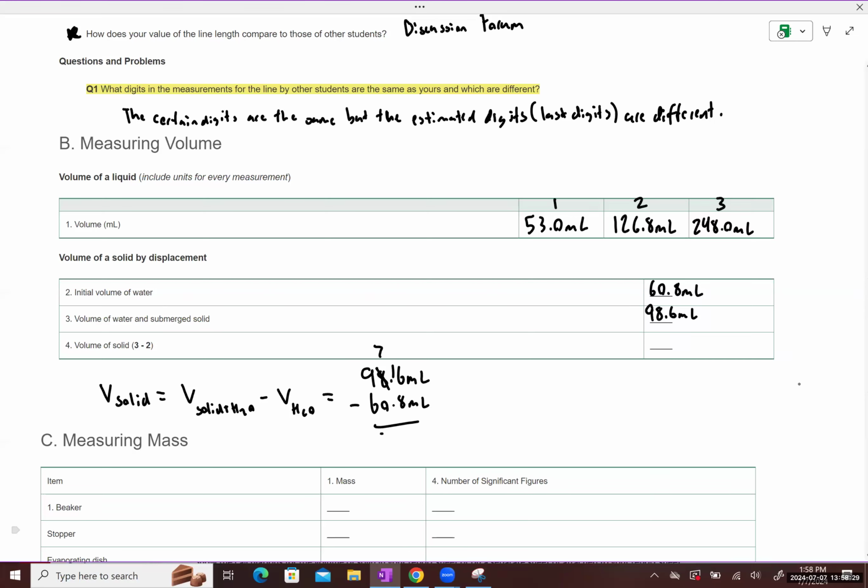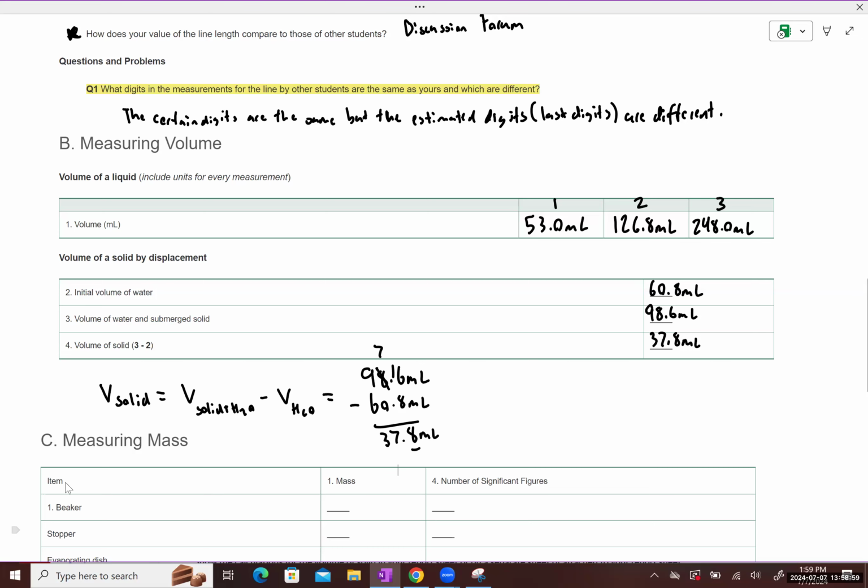And that in turn gives us 37.8 milliliters. Now, importantly, because we did a subtraction operation, we have to retain the same number of decimal places. 1 decimal place in each of our starting values, 1 decimal place in our reported value. Perfect. So we've completed the volume of the solid calculation, and we've completed part B.